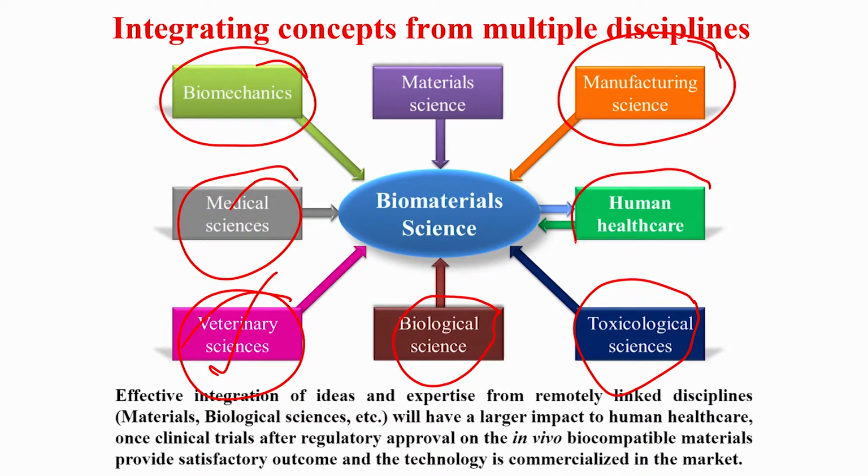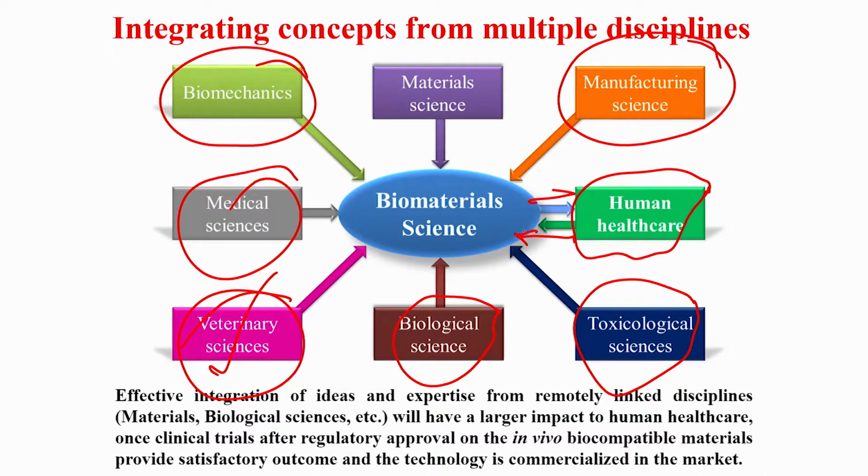Now, while the development of this particular idea or understanding is very complex and complicated, biomaterial science in fact is far more important because it has direct relevance for human health care. Now, you see these arrows are both ways here. Why are these arrows both ways?